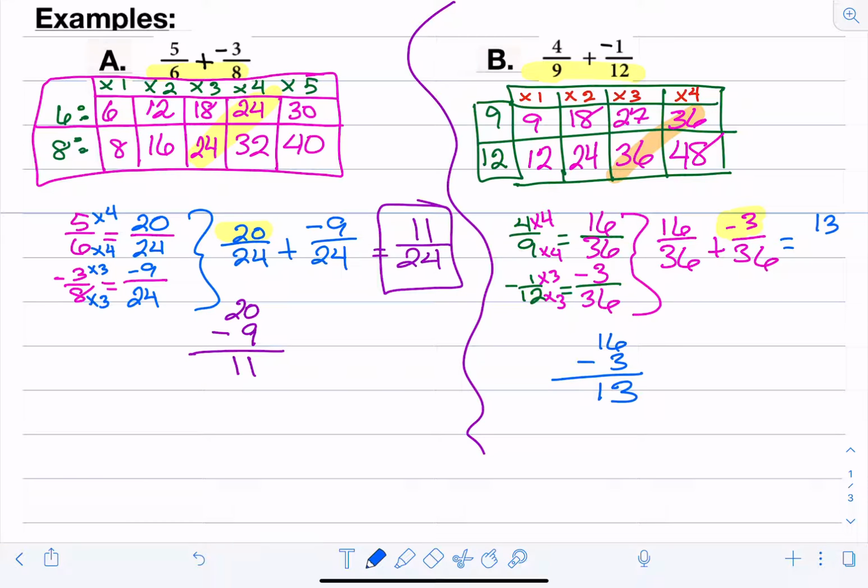The bigger number is 16, and 16 is positive, so my answer is going to be positive. And then we move on to the next step, which is keep the denominator. So we're going to keep that 36 on the bottom. Last but not least, simplify if you can. There is nothing more we can do to simplify it, so the answer is 13 over 36.